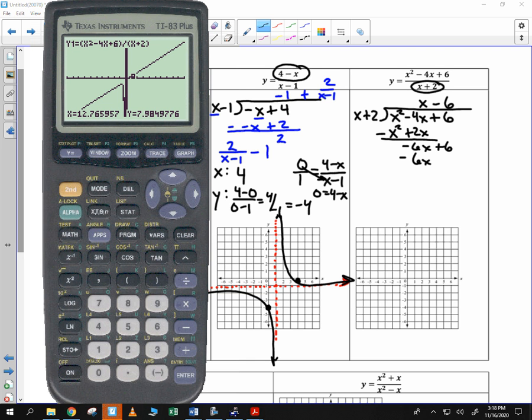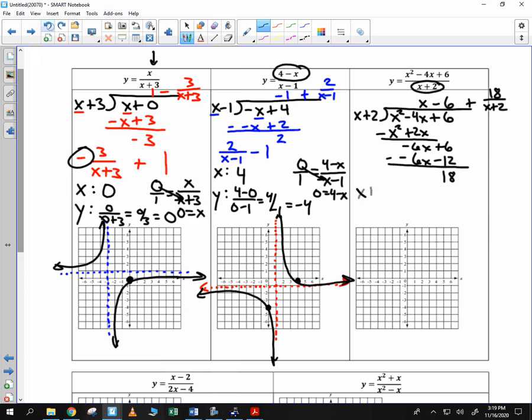Negative 6x minus 12, and we subtract, we get 18. I would like to try to make sense of this with you. We get 18 over x plus 2 plus x minus 6.